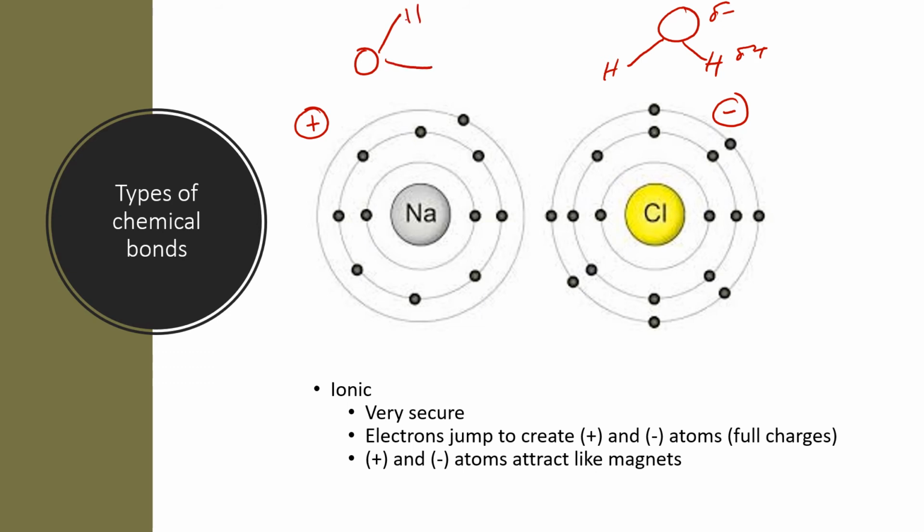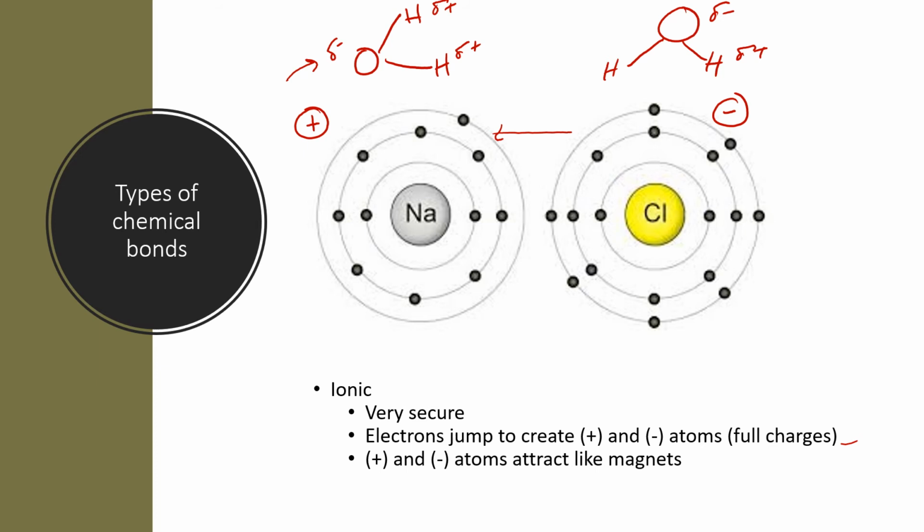Oxygen, hydrogen, hydrogen, partially positive, partially negative. The fully positive sodium and the partially negative end of the water molecule, the oxygen end, are going to also be attracted. The fully negative chlorine and the partially positive hydrogens in water are going to also be attracted.